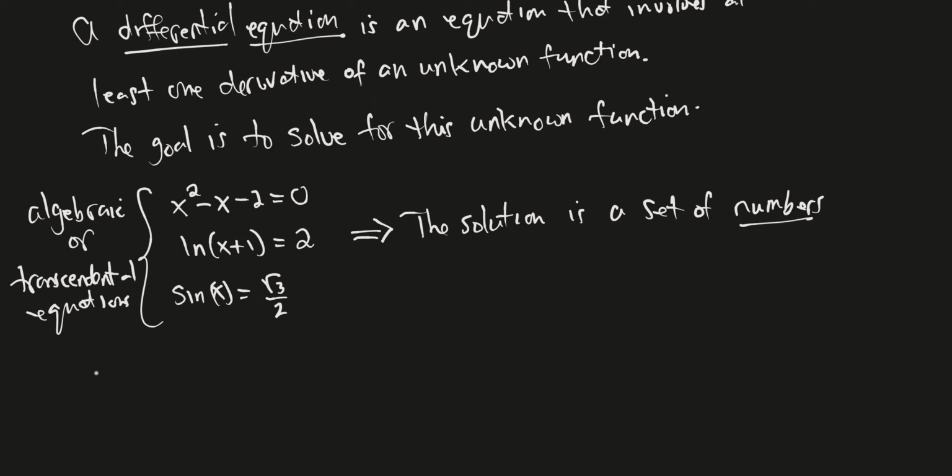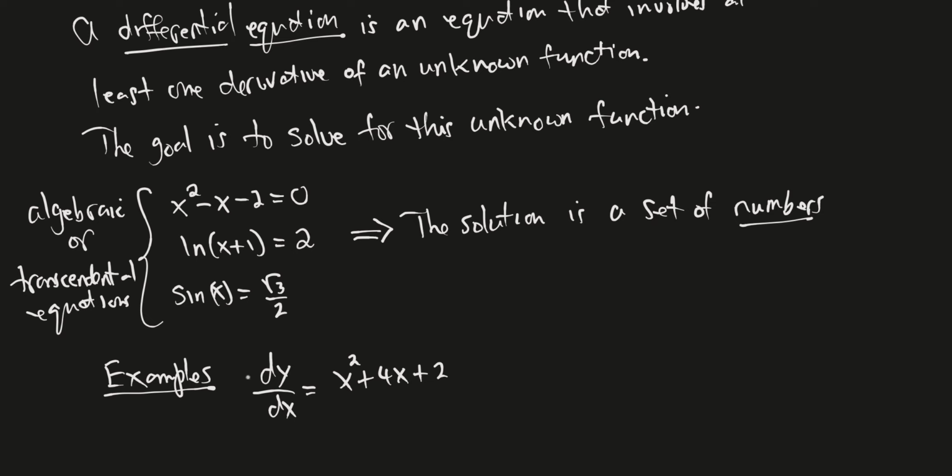So here are some examples of differential equations, some of which you've seen, some of which you might not have seen. Let me write this as dy/dx equals x squared plus 4x plus 2. This is an example of a differential equation, right?